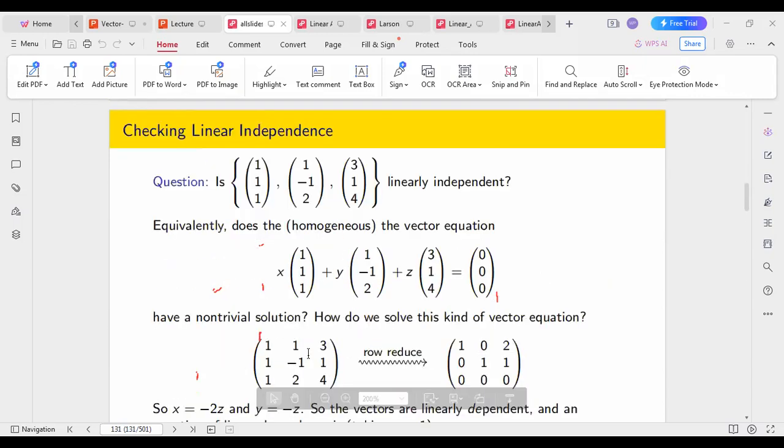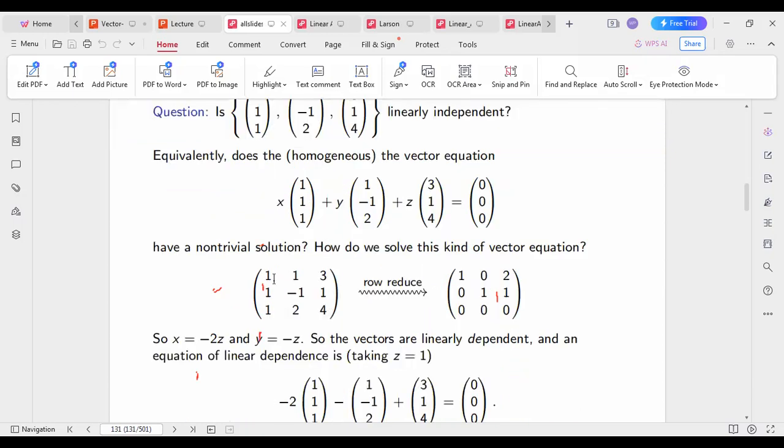Now, checking linear independence: are the three vectors linearly independent? Equivalently, does the homogeneous vector equation have a nontrivial solution? We write the linear combination where x, y and z are scalars, equal to 0. How do we solve this?